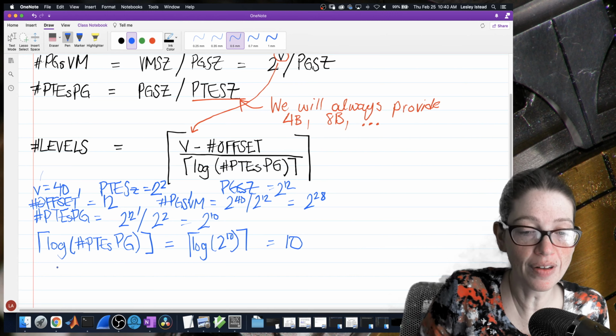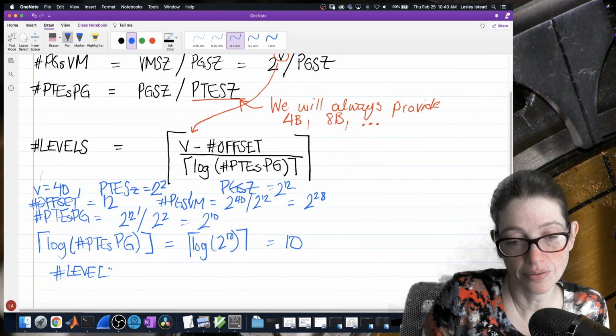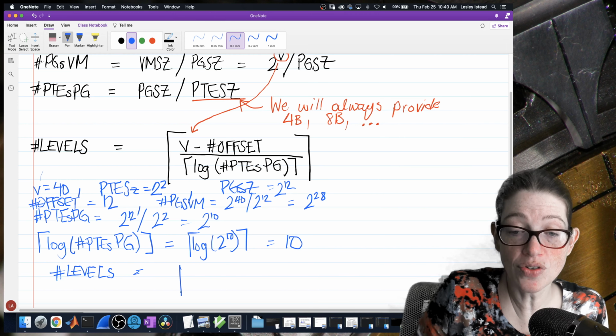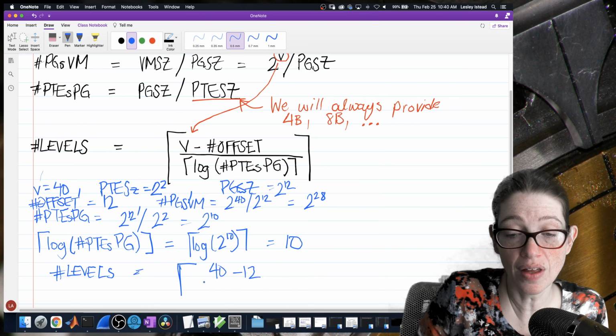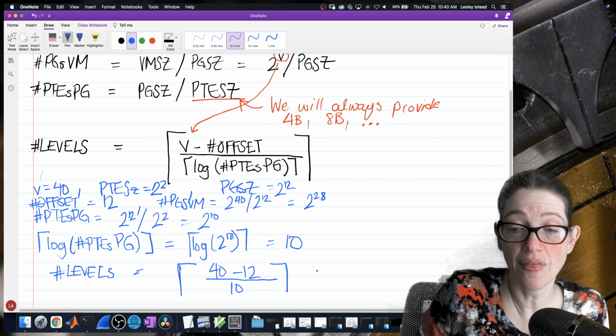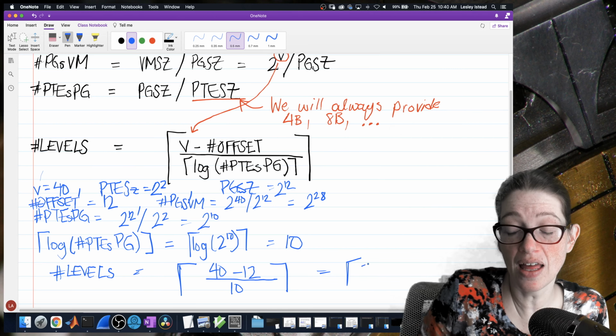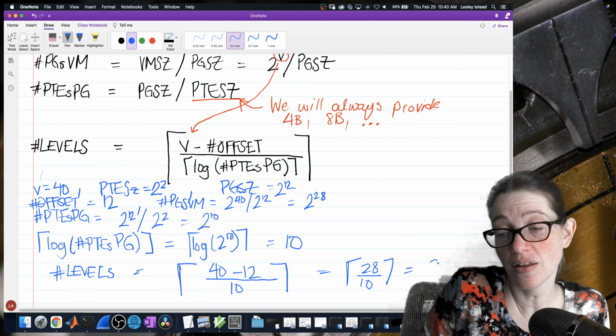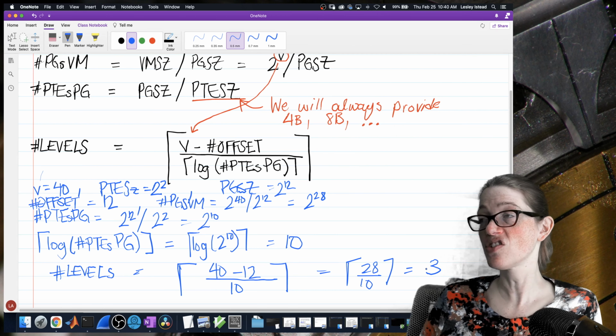So then my number of levels is equal to the ceiling of 40 minus 12 divided by 10. So that equals the ceiling of 28 over 10, which equals 3. 3 levels.